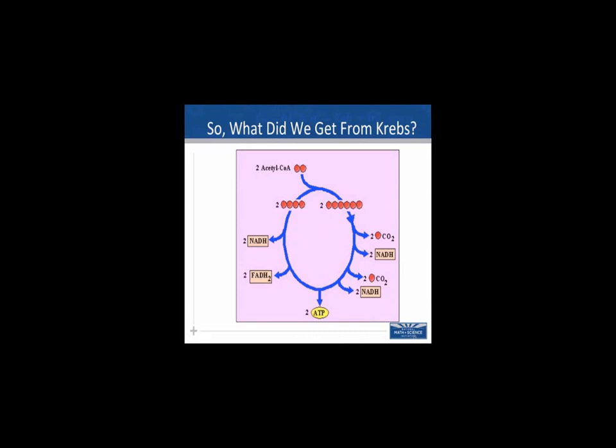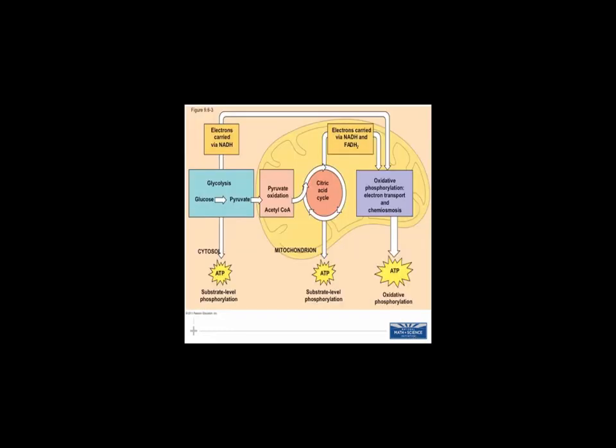And the primary events were that we had NADH produced, because that's going to be carrying electrons over to the electron transport chain in oxidative phosphorylation, as well as FADH2 produced, which similarly is headed to oxidative phosphorylation. We also had ATP formed by substrate level phosphorylation. And then we have those carbon dioxides that are given off as waste products.